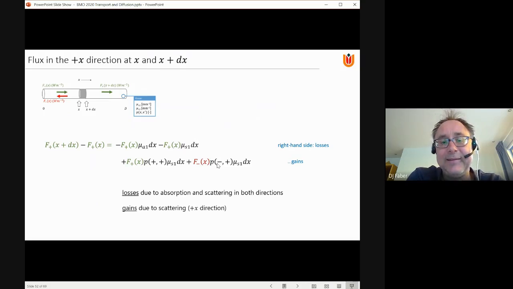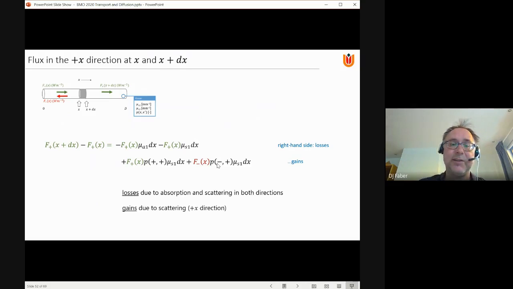On the right-hand side, we set up the power balance, so losses and gains. The top row on the right-hand side shows losses. So mu a dx is the probability of absorption as the light travels through dx. So the minus sign is a loss. So minus f+ mu a dx is the loss term here.